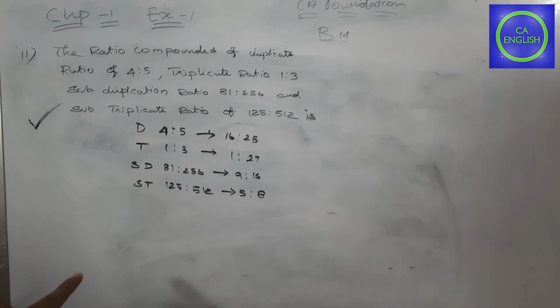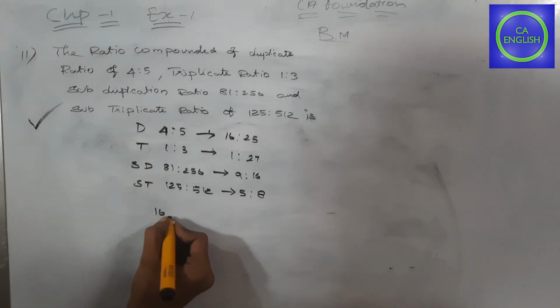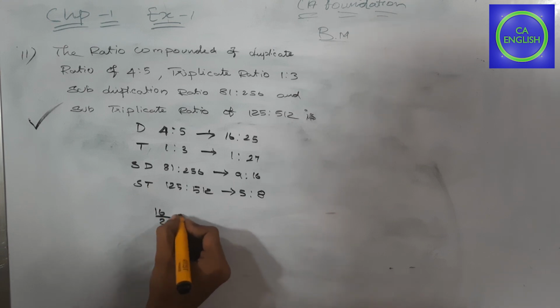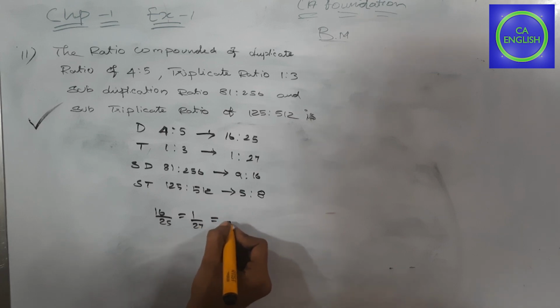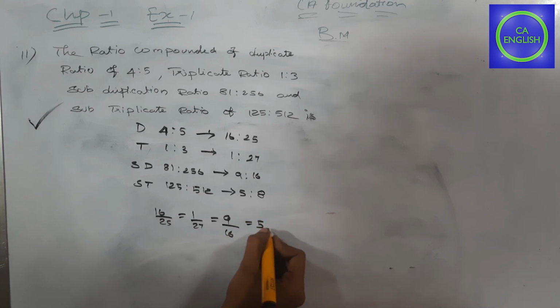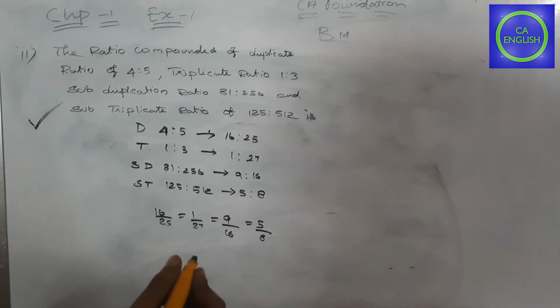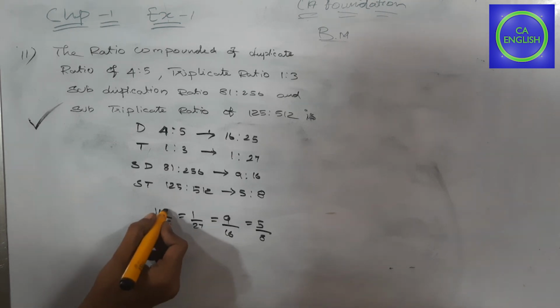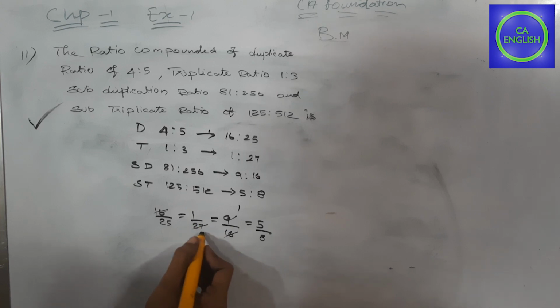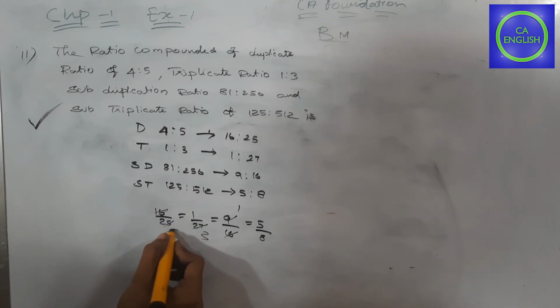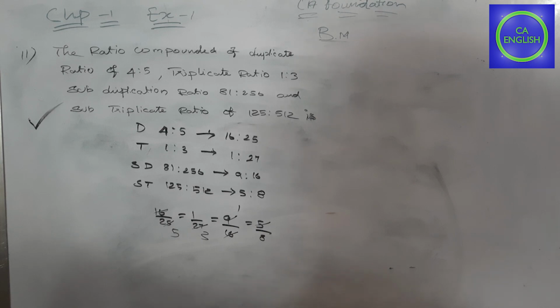Then we want to equate all of them. 16 divided by 25 equal to 1 divided by 27 equal to 9 divided by 16 equal to 5 divided by 8. Just cancel the possible things. 16 cancels, 9 by 9 is 1, 9 by 3, and the 5 can be cancelled.